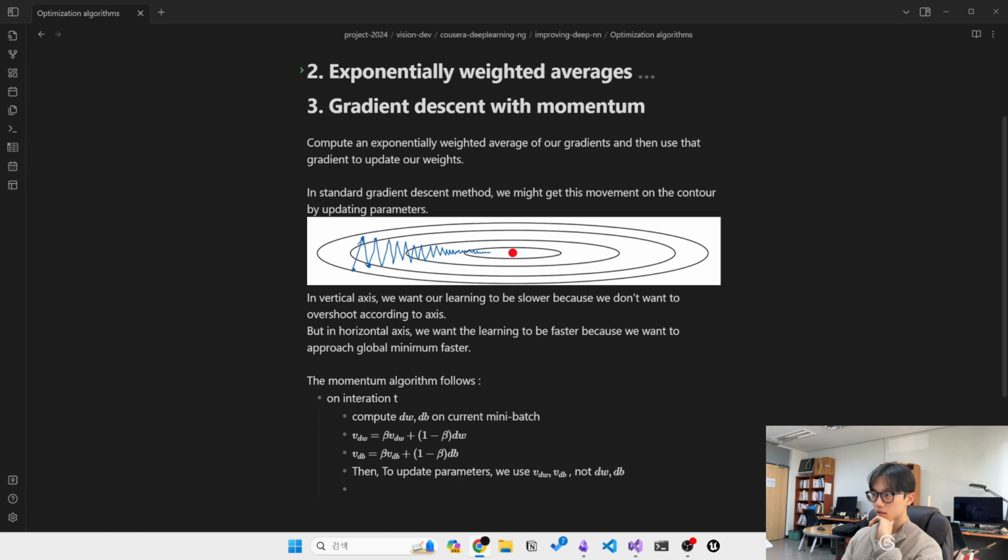If you average out these gradients, you find that the oscillations in the vertical direction will tend to average out to something closer to zero. So in the vertical direction, where you want to slow things down, this will average out positive and negative numbers. So the average should be closer to zero.